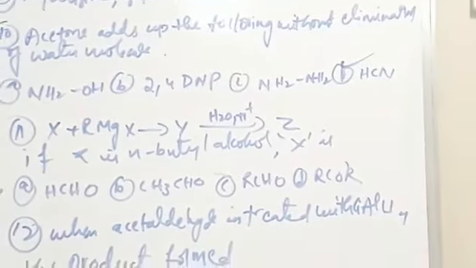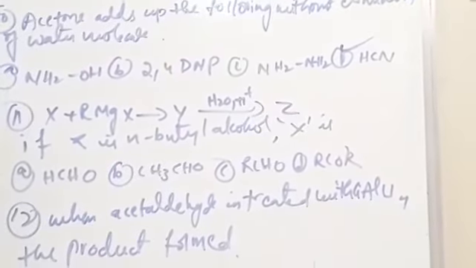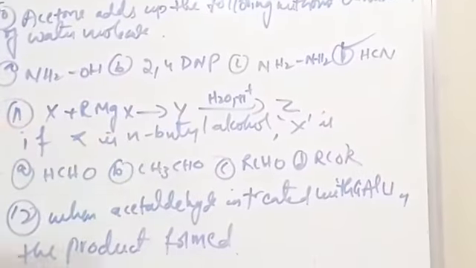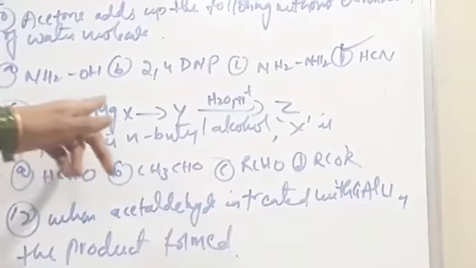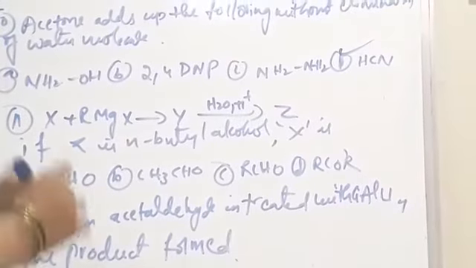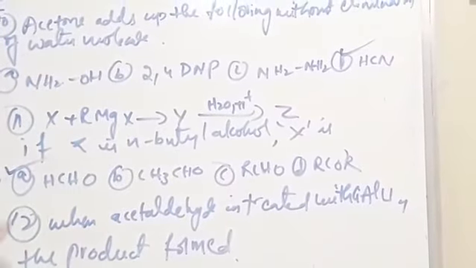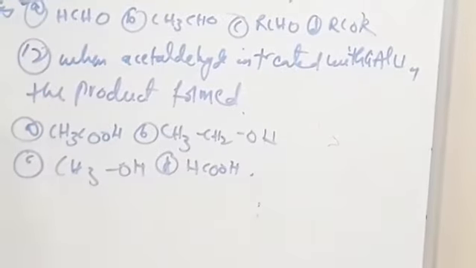Next, X reacts with Grignard reagent to form Y. Y on hydrolysis forms Z. Z is n-butyl alcohol. We get a primary alcohol when X reacts with the Grignard reagent. So X is formaldehyde. If it is acetaldehyde, we get a secondary alcohol. If it is acetone, we get a tertiary alcohol. So this is formaldehyde.